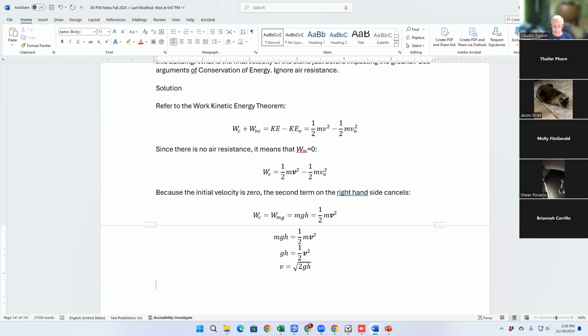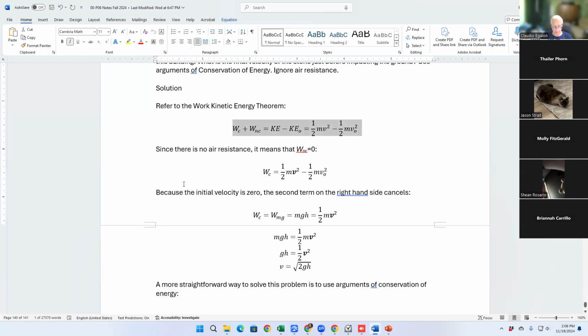A more straightforward way to solve this problem is to use arguments of conservation of energy. Okay? So how do we do that?